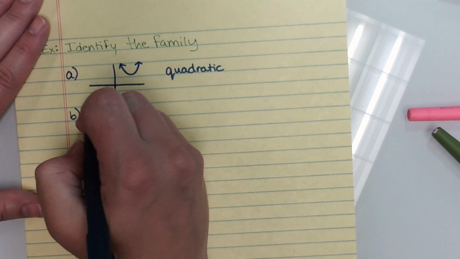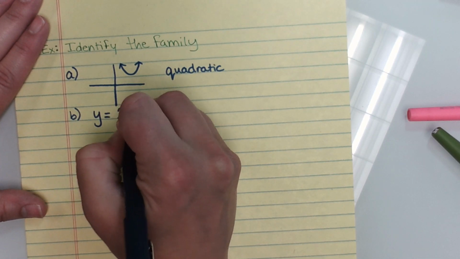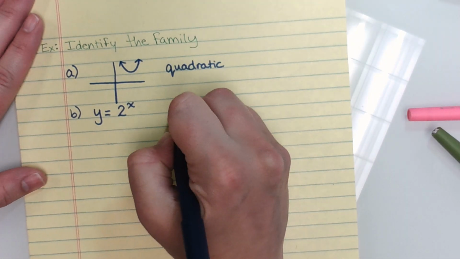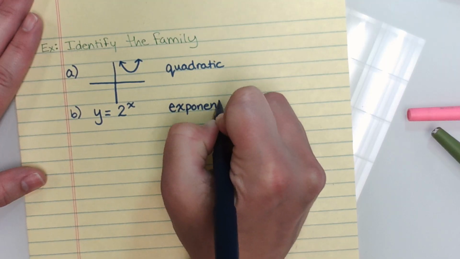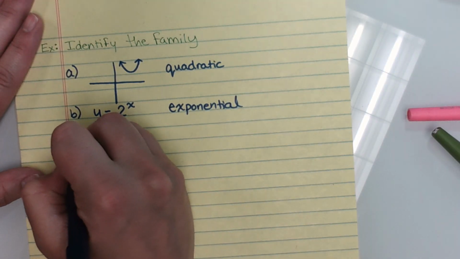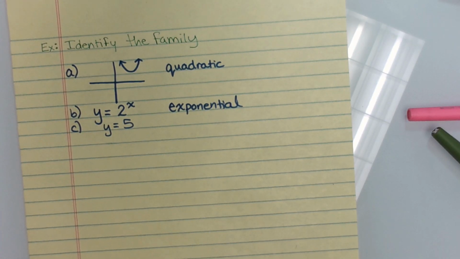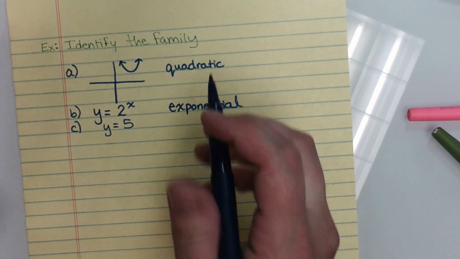Or maybe it'll do this. It might give you the equation and ask you which family fits that type of equation. Exponential, because where's the variable? In the exponent. The variable's up here, exponential. Constant.